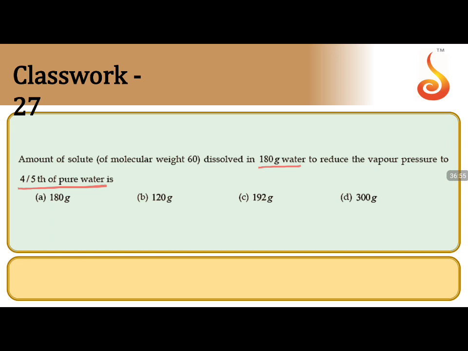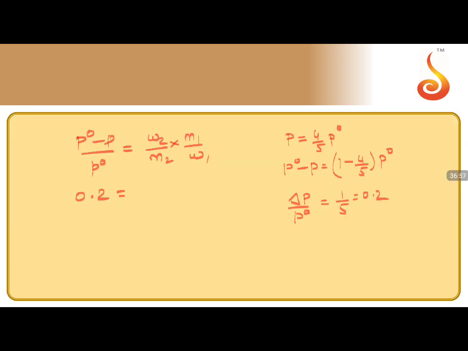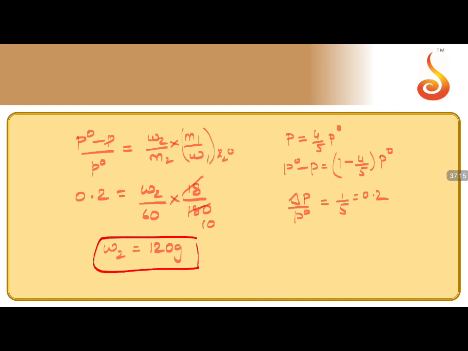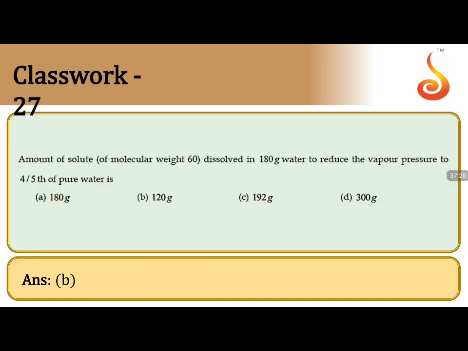We have to find the weight. So W2 over 60 into 18, the molecular weight of water. This is corresponding to water. So 18 by 180 is 10 times. So W2 is equal to 120 grams. So the answer should be 120 grams.